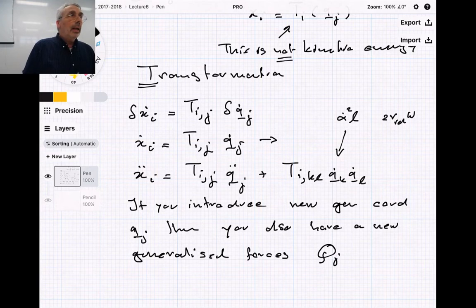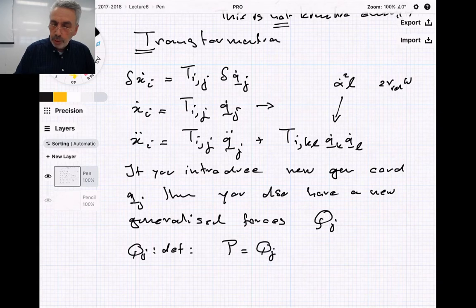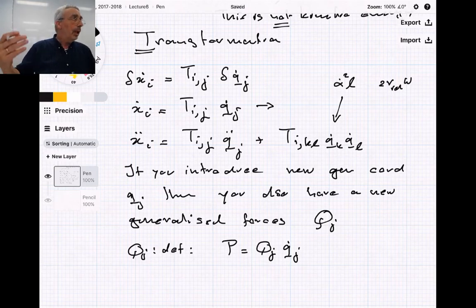Now, they are defined by the concept of power, so the definition of Q_j is such that the power is Q_j q dot j. If you know what mechanical power is, if you have your generalized coordinates, then the forces are in line such that they produce mechanical power.